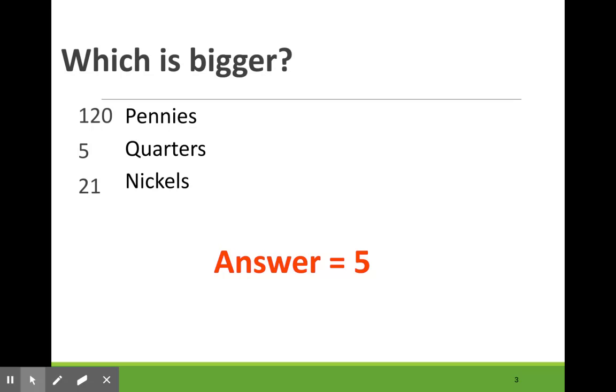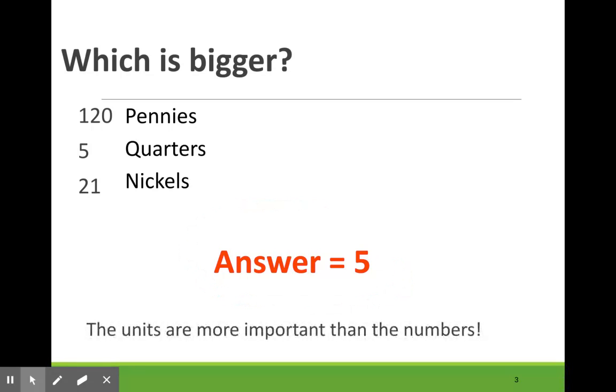So again, the answer would be 5 based on units. That's why units are key. That's why units are important, because they tell us what the numbers mean. If we didn't have any units, then we would have no idea what we're talking about.